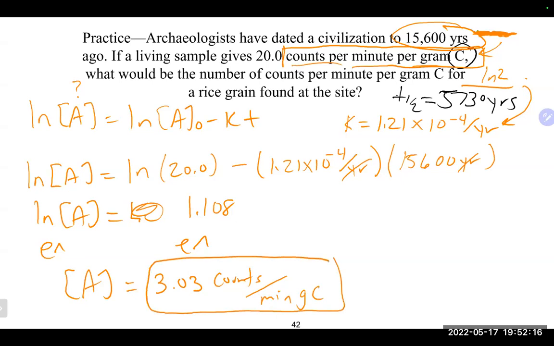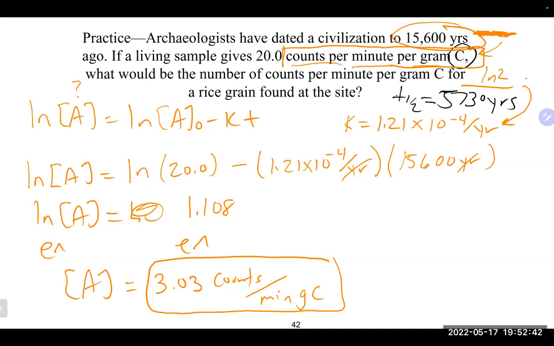We also see that the original is giving off 20 counts per minute, which is much more than the piece of rice that's been sitting there for 15,600 years, which is giving off only about 3 counts per minute, as it has gone through several half-lives of decay.